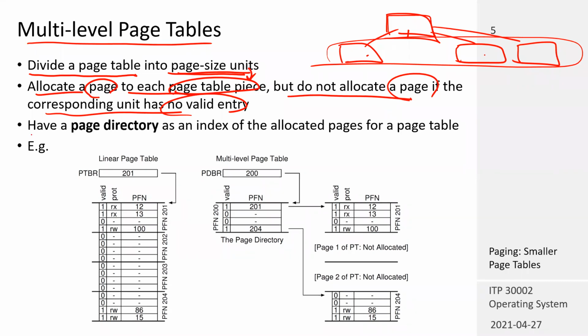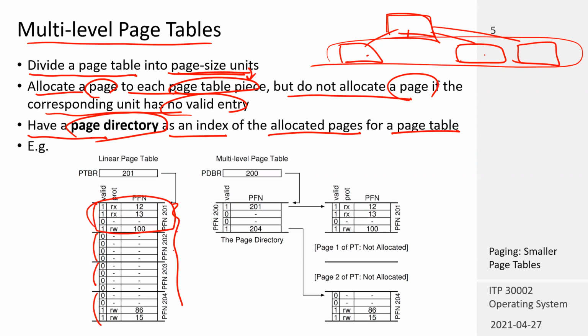And now we have an organizer, which is a page directory, as an index of the allocated pages for the page table. So this is the original page table. Suppose that it can be divided into these 4 pieces, and each piece is exactly the size of one page.